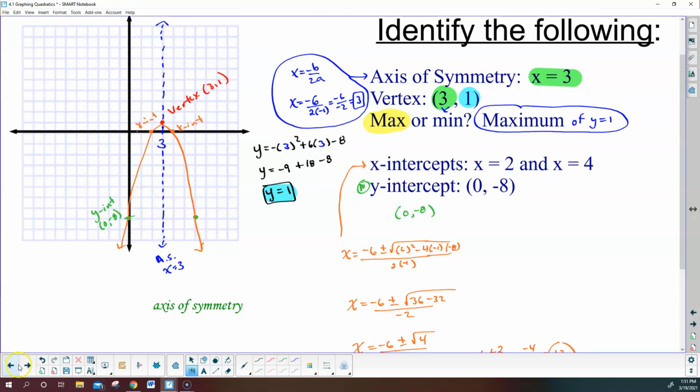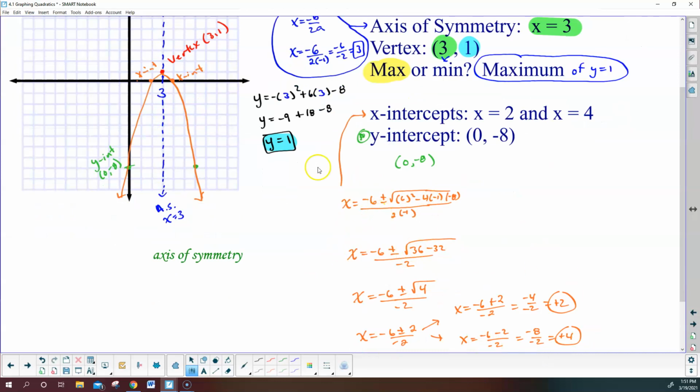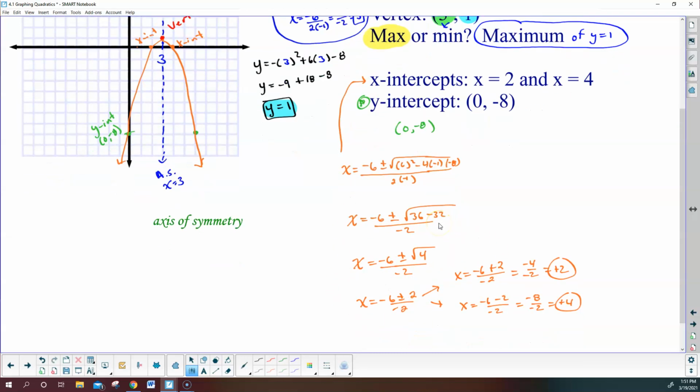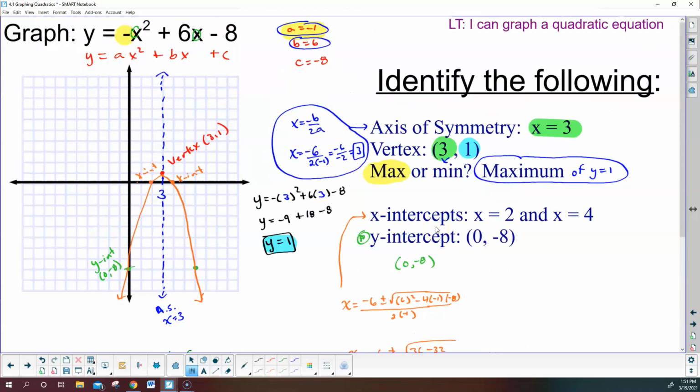There we go. So that's how you can graph using the formulas, which just helps you a little bit. The X-intercepts aren't necessary, but they are friendly, or it makes your graph look better. So if you want to take the time to factor or do quadratic formula, I would recommend it, but it is not required.